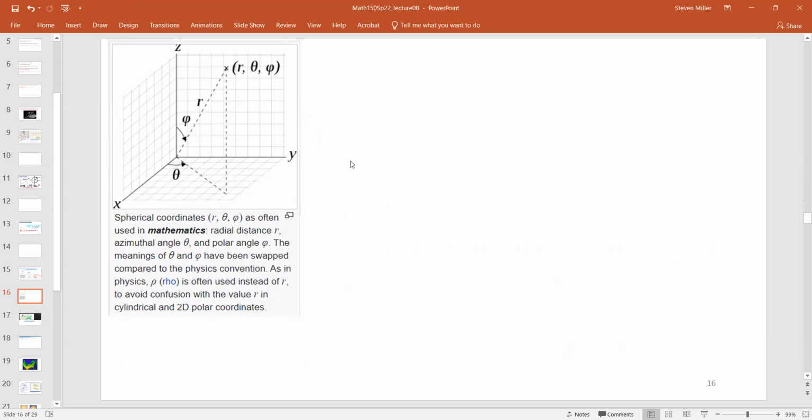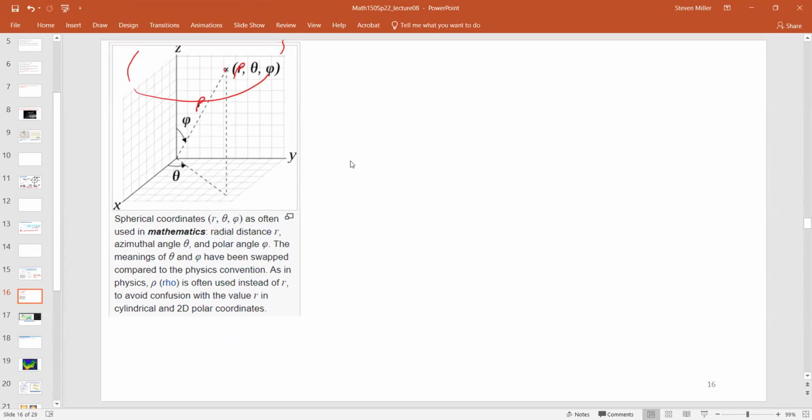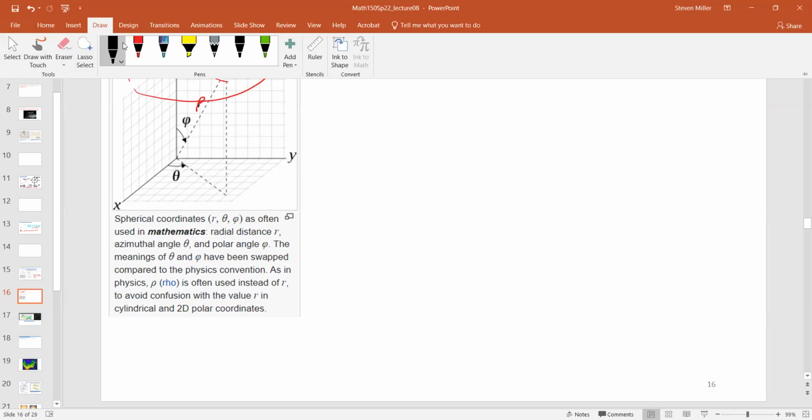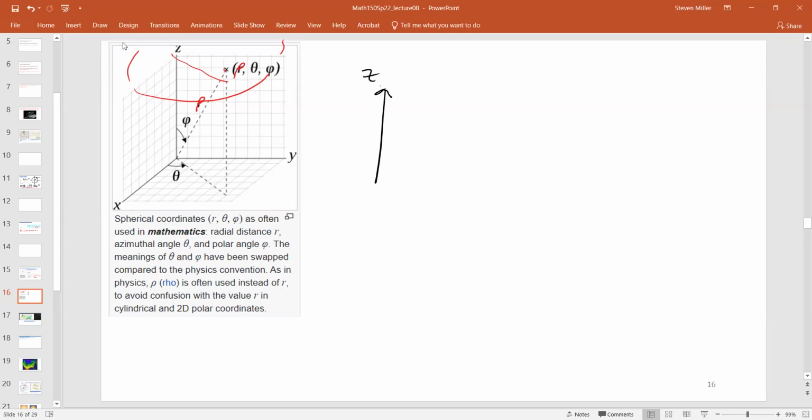Let's look at what's going on. We're at this point over here, and we're spinning in a circle above the XY plane. How high is it above the XY plane? Well, let's try to draw things. Here is the Z-axis. Here's the XY plane.